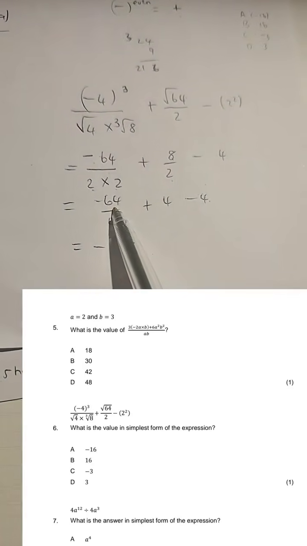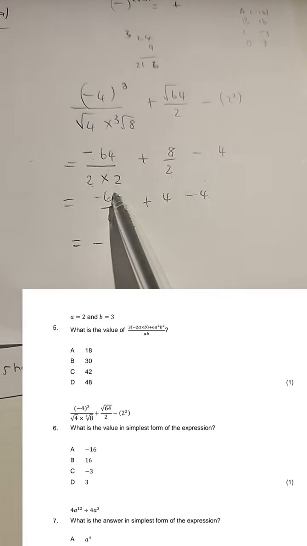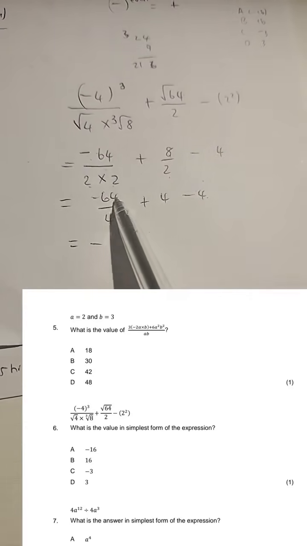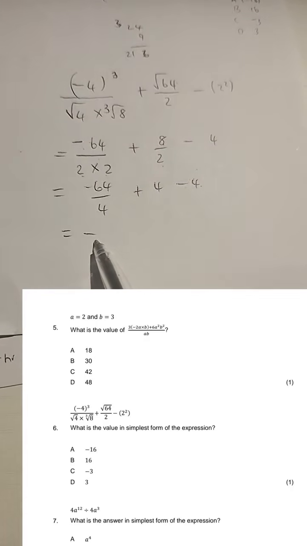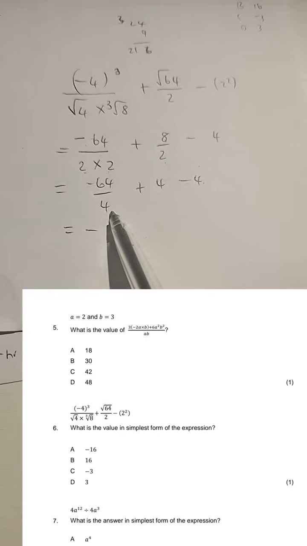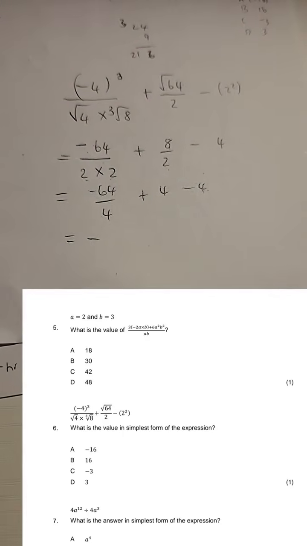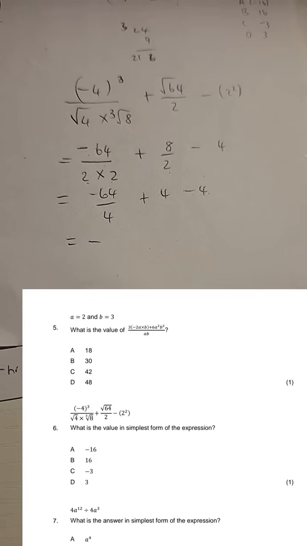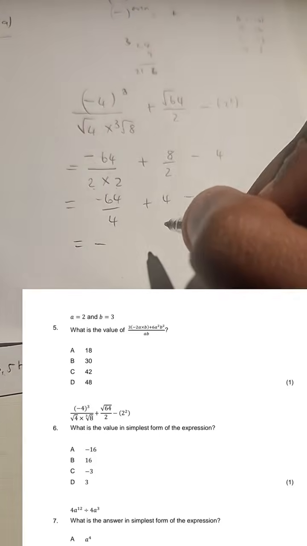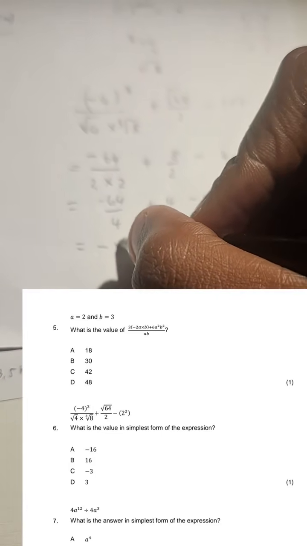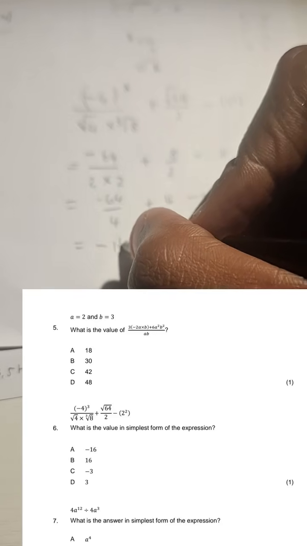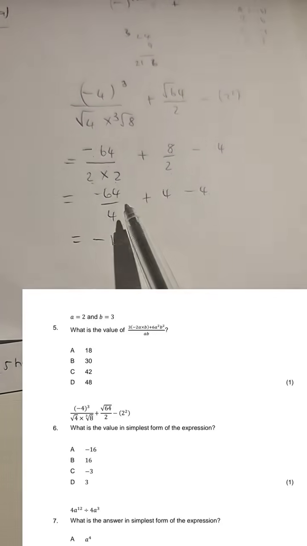Then negative 64 divided by 4. Does anyone know what negative 64 divided by 4 is? Before I write the answer, a negative divided by a positive is negative. What's 64 divided by 4? It is 16, guys, right?